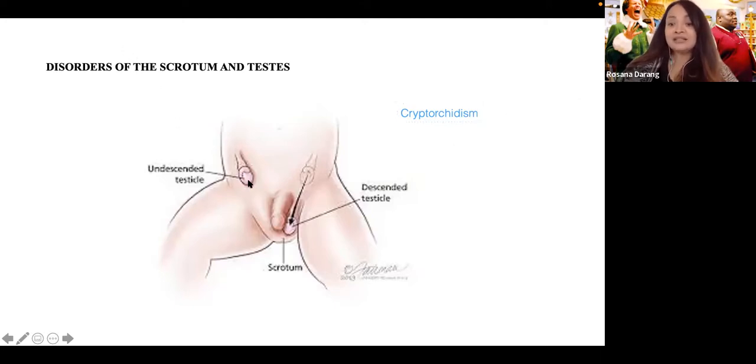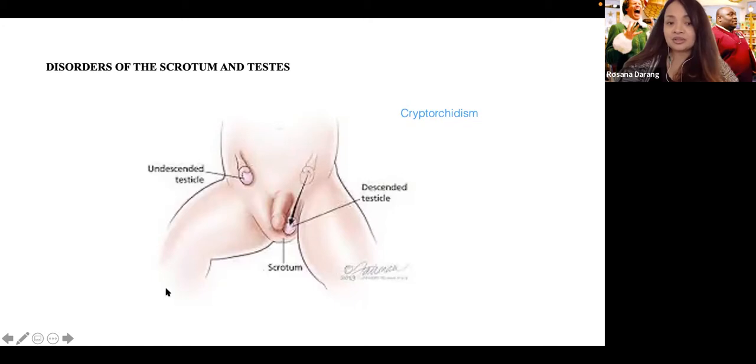They are undescended, because in embryology, you will learn that the testes are originally intra-abdominal in location, just like the ovaries were. But when the fetus starts secreting testosterone hormones, the testicles slowly descend until they reach their final destination, which is the scrotum.